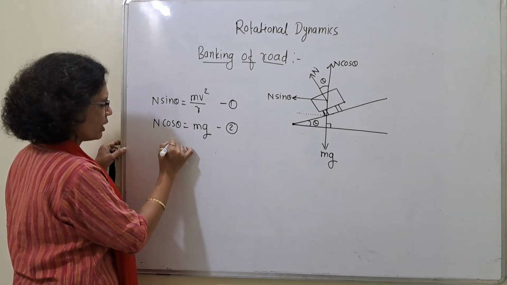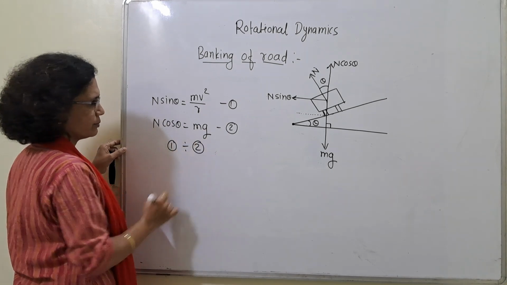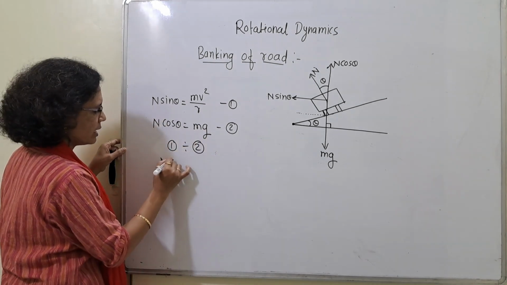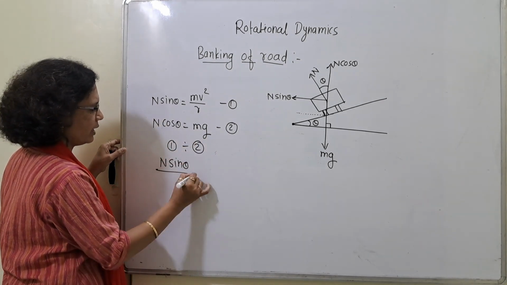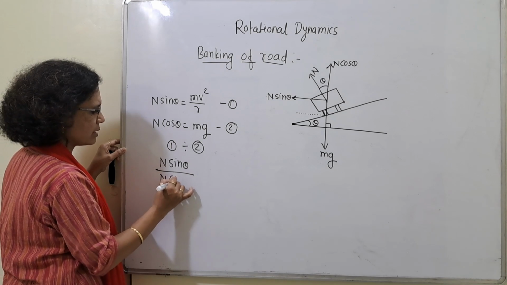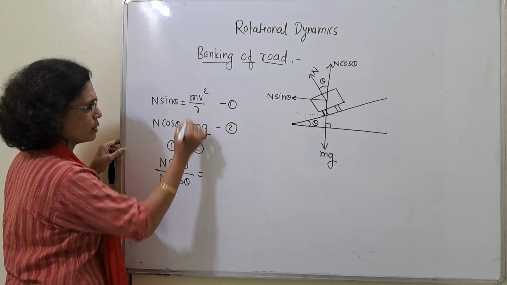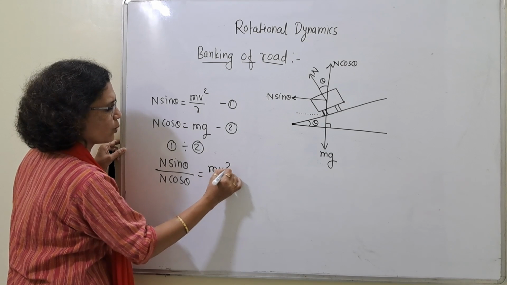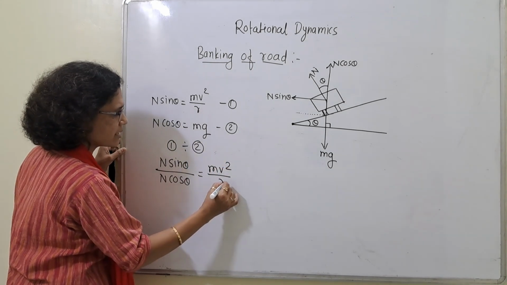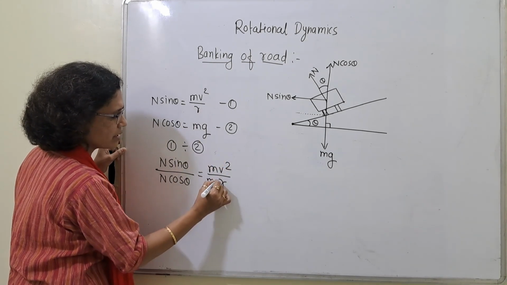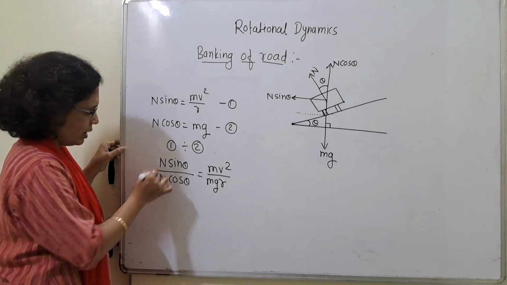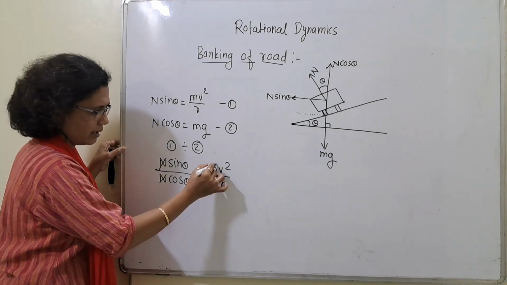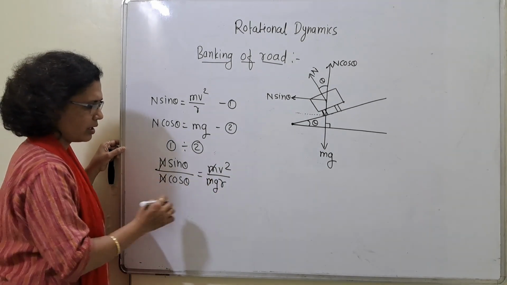Divide equation 1 by 2. So, n sin theta divided by n cos theta is equal to mv square by r as it is, divided by mg. N gets cancelled, m gets cancelled. What remains here?